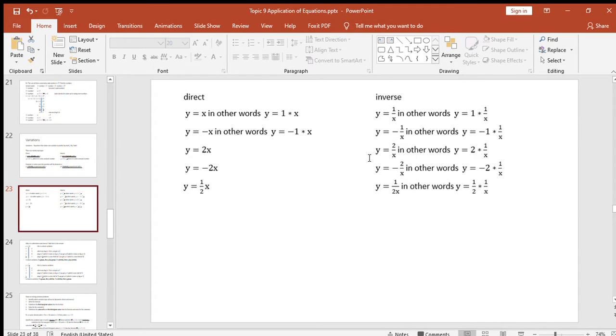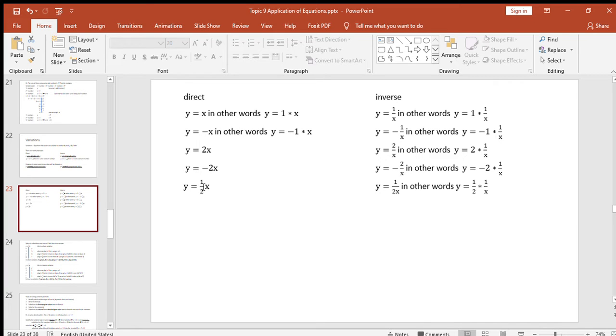And you can see it on the inverse side. So your k can be fractions, okay? It's okay to have fractions in your k. I had students who, when they got a fraction for their k, started redoing the problem because they believed it's going to be a whole number, but not really.